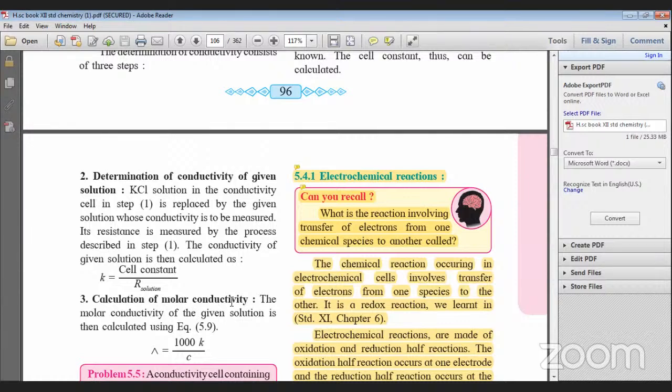Calculation of molar conductivity. Yes, you can even calculate molar conductivity. Why? Because there is a relationship between molar conductivity and the conductivity. So molar conductivity, lambda, and conductivity, K, are related to each other by the formula lambda is equal to 1000 K upon C. The value of K will be calculated, concentration will be given, so you can find out molar conductivity.